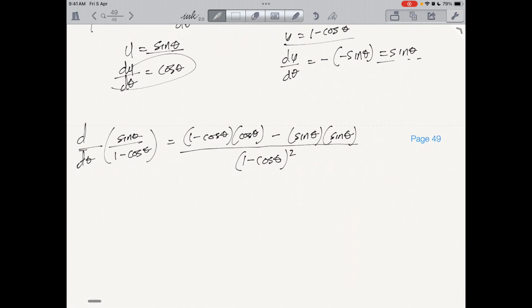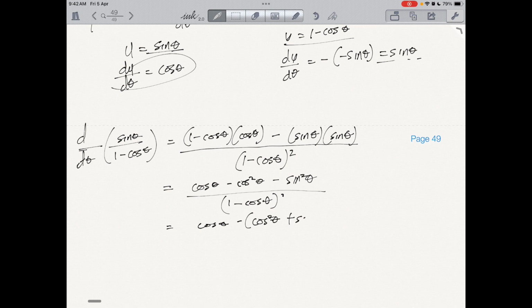Now let's simplify further. This will give us cos theta minus cos squared theta minus sine squared theta, divided by 1 minus cos theta squared. This will give us cos theta minus, factorizing with minus 1, cos squared theta plus sine squared theta, divided by 1 minus cos theta squared.